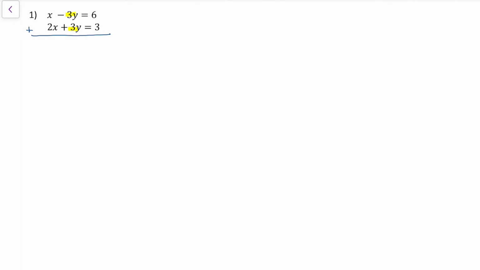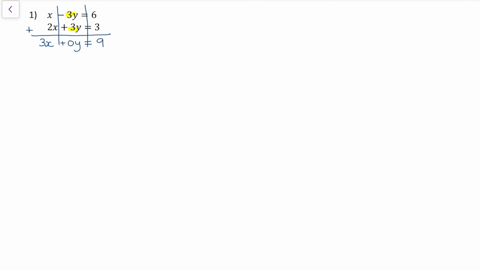So I'm thinking of this in columns here, and I'm adding as I go down. So x plus 2x gets me 3x. Minus 3y plus 3y gets me 0y. And then 6 plus 3 gets me 9.